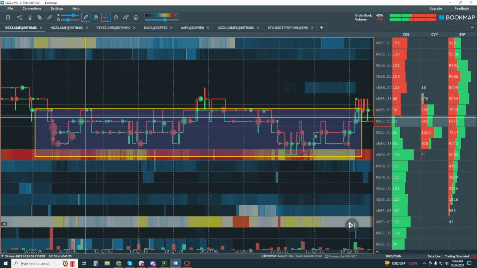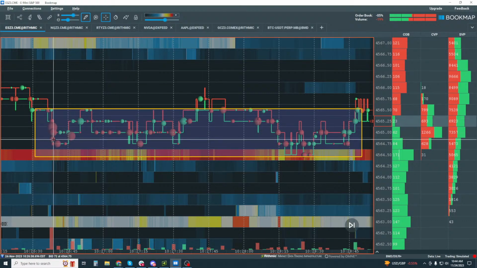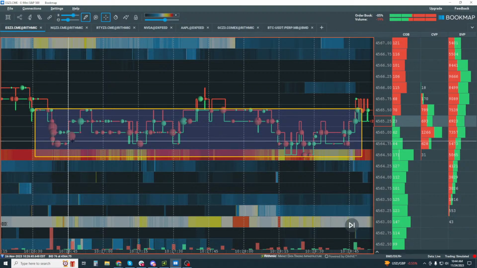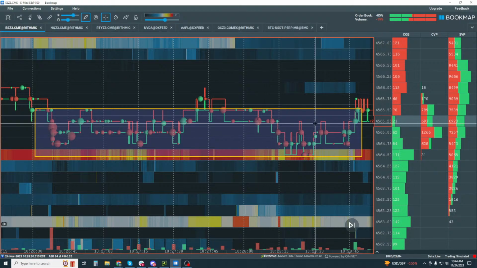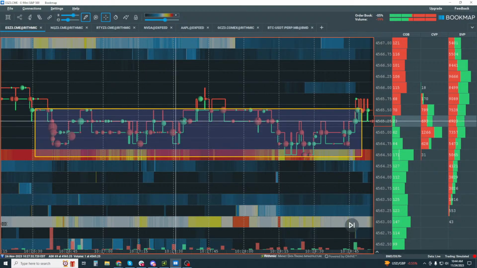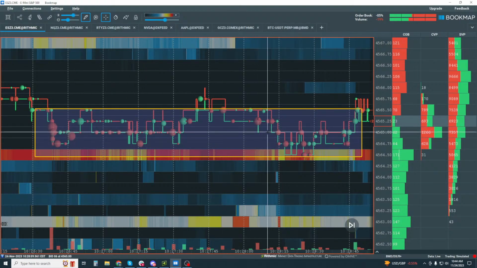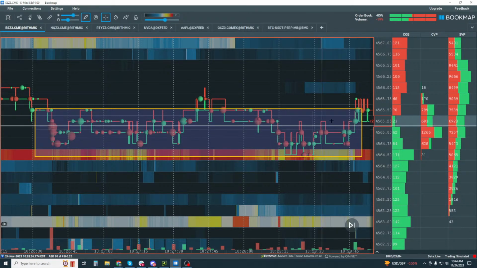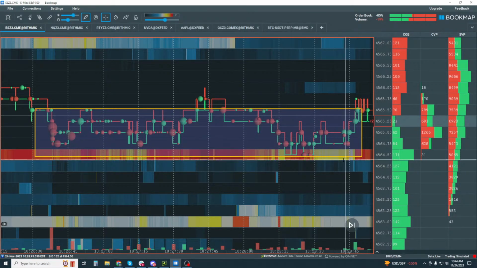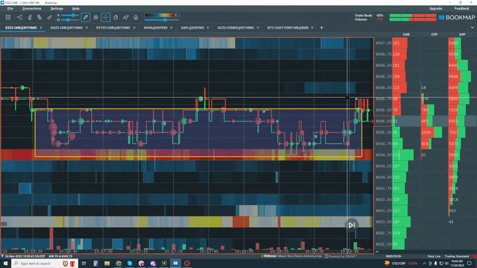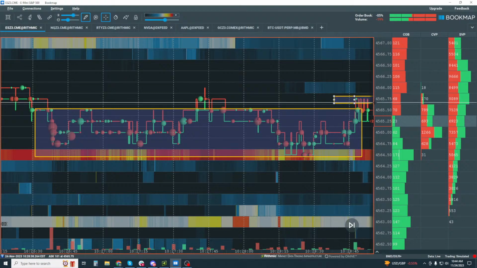Okay, now we don't know if these sellers in here are exiting the market or entering. Are they entering short or are they exiting? But when we talk about trapped volume, we look at all of these transactions in here, and we look for a squeeze that these sellers in here got it wrong. They can't get through this liquidity here, these buyers. So we look for an auction up here, okay?